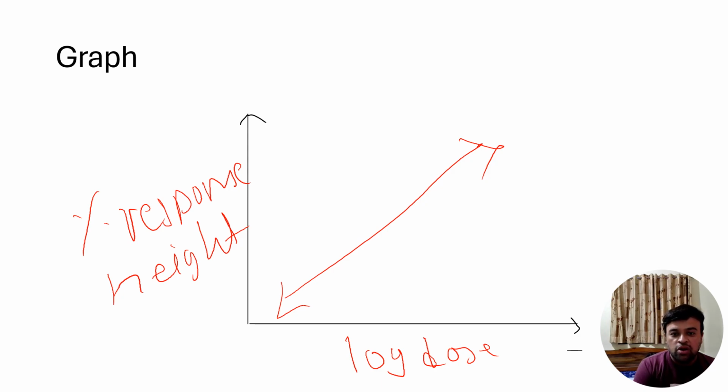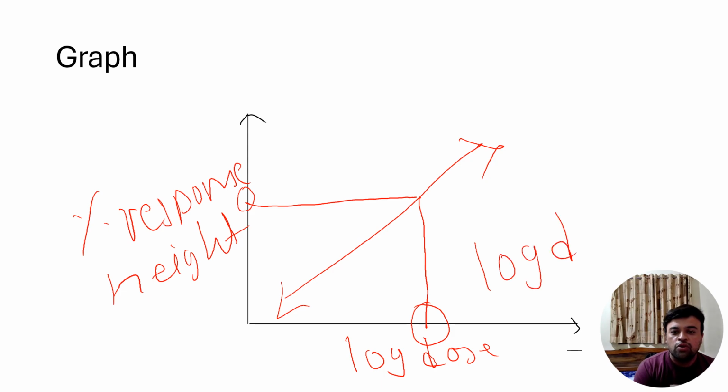On the y-axis you have to locate the 50% value. From this point you interpolate onto the line, and from there you extrapolate onto the x-axis. Whatever value you get will be a log dose value.